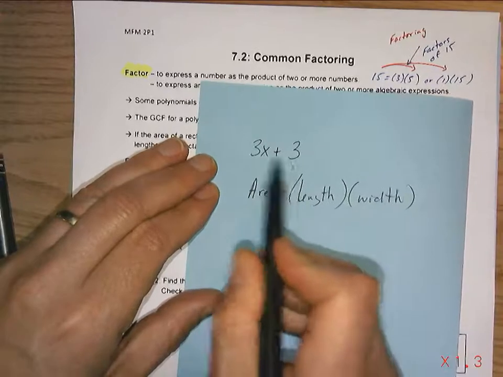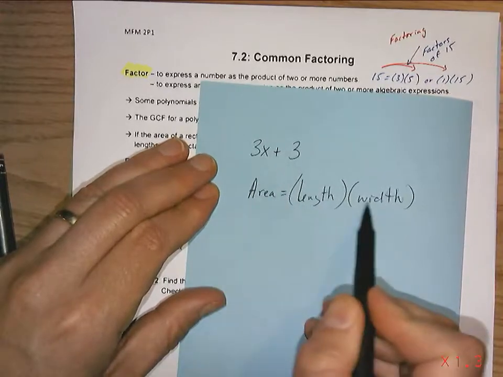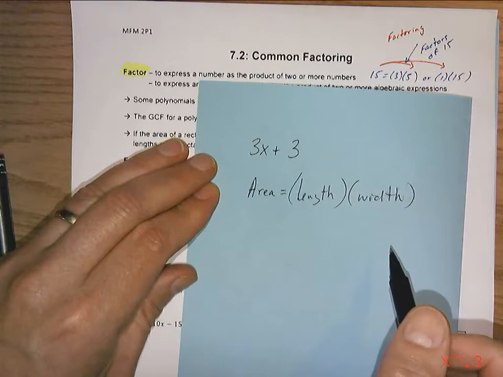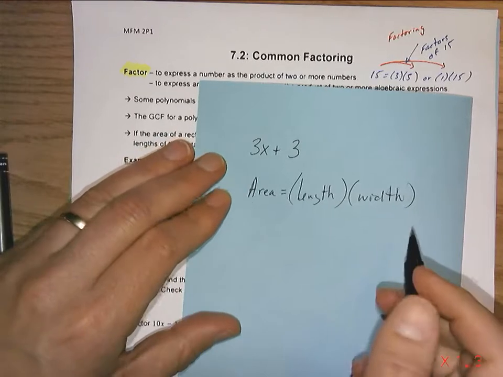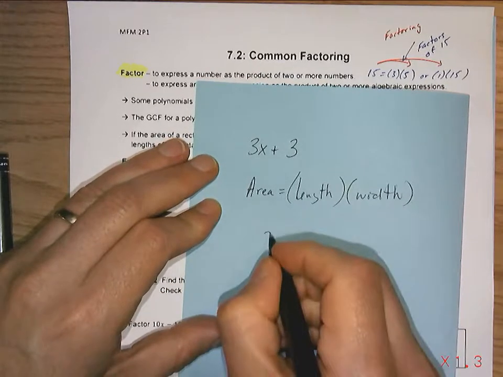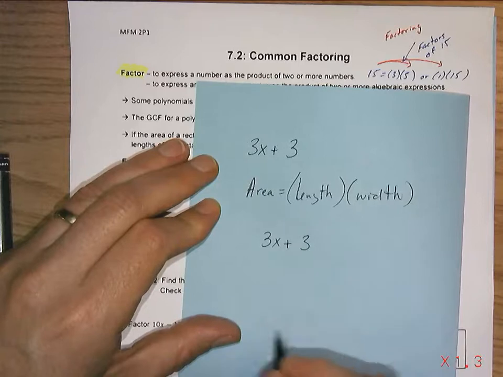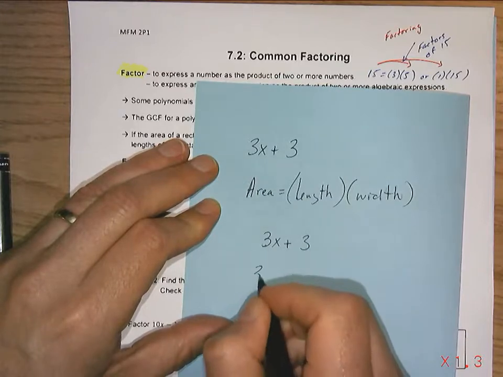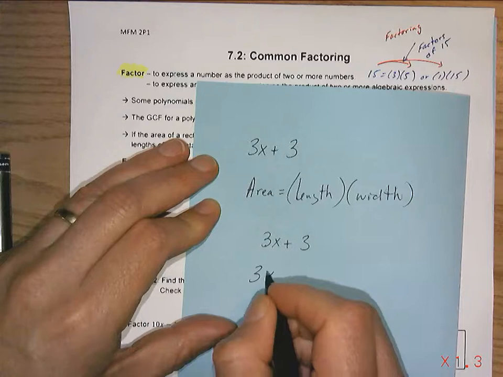So if I was able to take this and factor it into this form, then I could assign one of the factors to be a length and the other factor to be a width. So if we look at this again the way that we were, we could say, okay, there's a 3 here, there's a 3 here, let's put in the placeholder of 1.